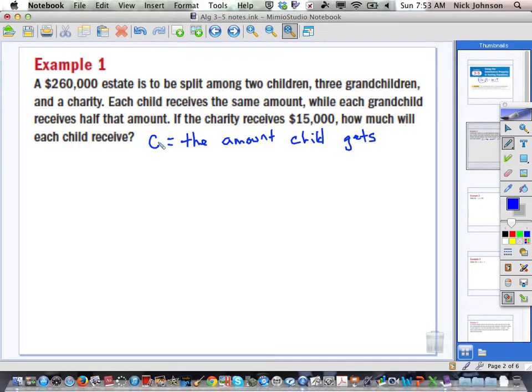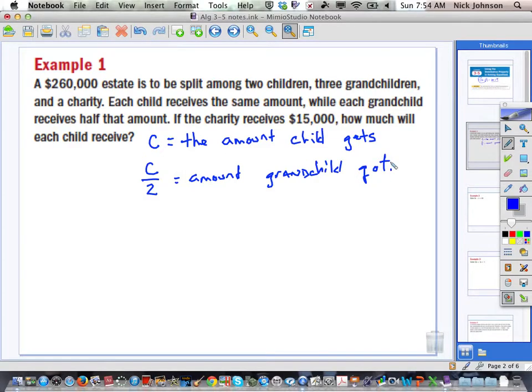Okay? So if the child gets 1C, the grandchild then gets half of whatever the child got. If the child got C, then the grandchild got C divided by 2, the amount the grandchild got.